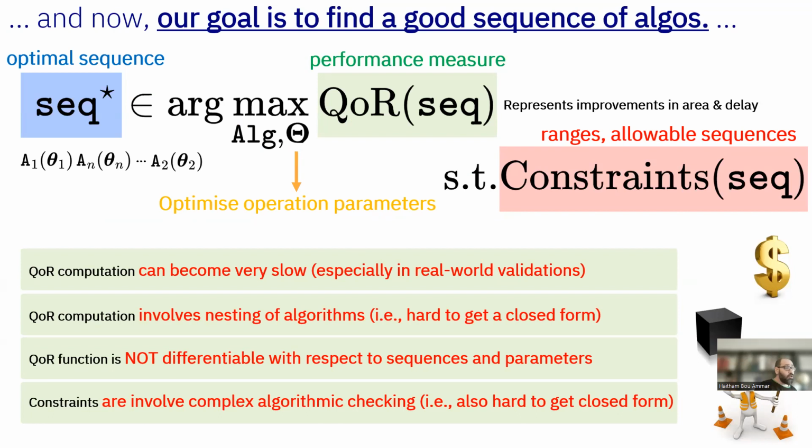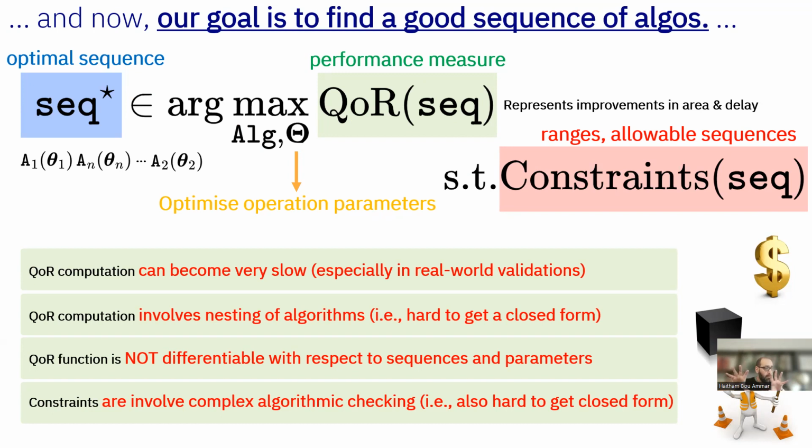Two, to compute this QOR, we have a nesting of C++ algorithms. Let us explain this. Imagine you have your original AIG, then you pick an operator to execute. This operator is C++ code. It will execute on this graph and change the graph. And then you will apply another operator.